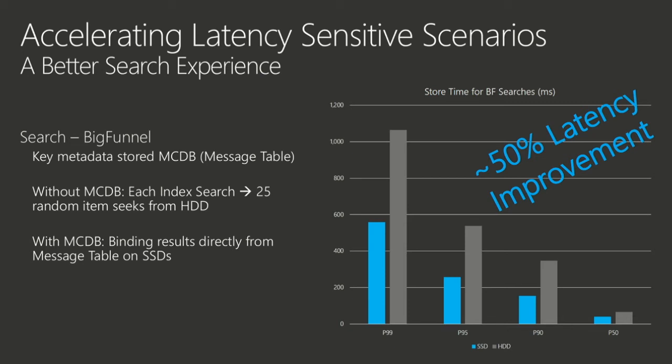That's pretty slow. With MCDB, because it's on the SSD now, all of the results are bounded directly from the message table on the SSDs. If we look at the results, we've actually seen a 50% latency improvement in your searches. This is awesome, and it will come to you very, very soon.